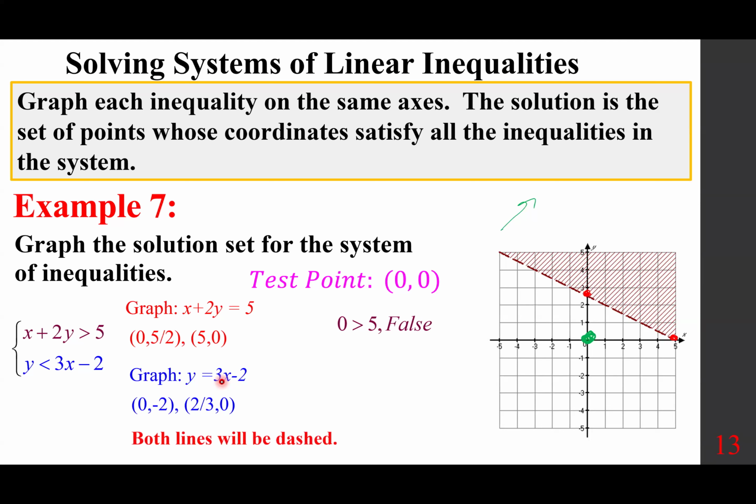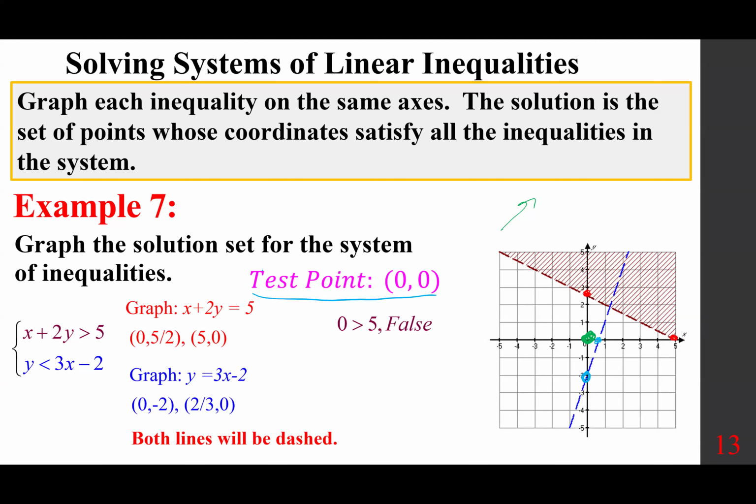Both lines will be dashed, of course. So we draw this line. Again, you can see the pairs. (0, -2), (2/3, 0).